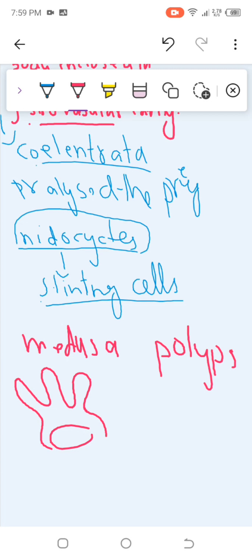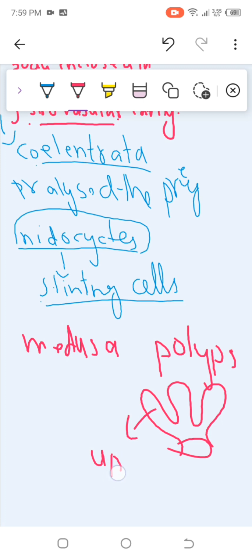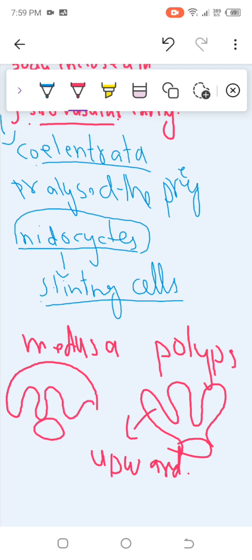Those are polyps. While medusa are in umbrella shape, whose mouth and tentacles are both downward. For example, you can take jellyfish, which is like an umbrella.